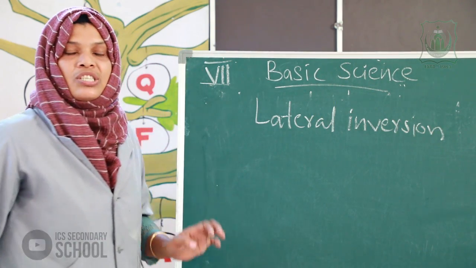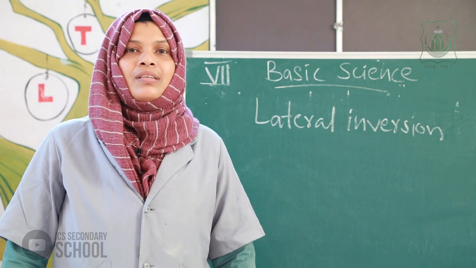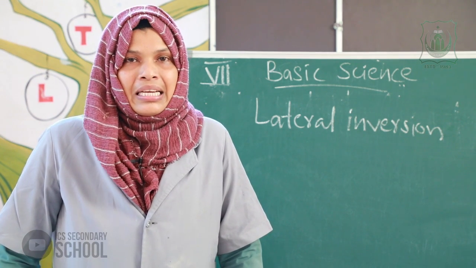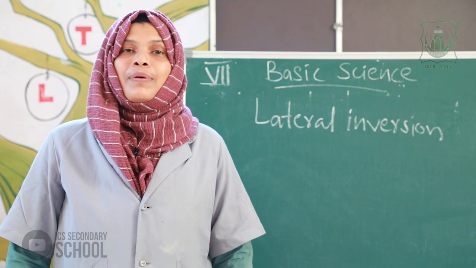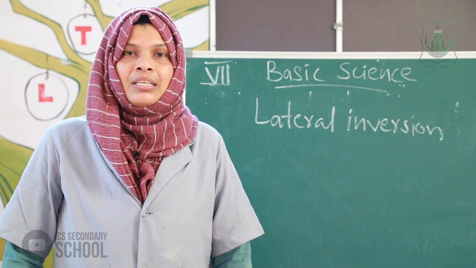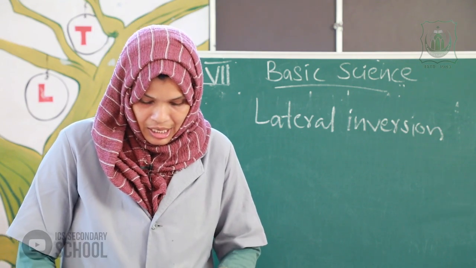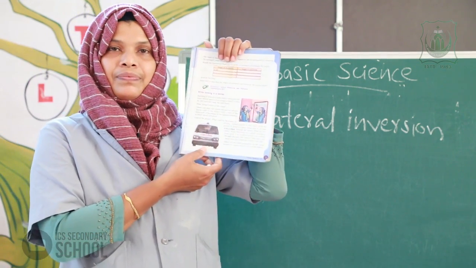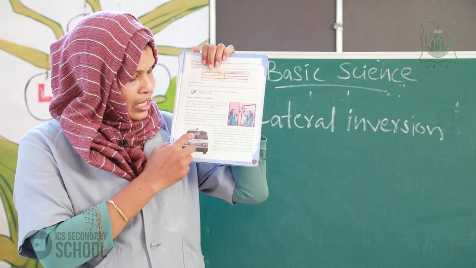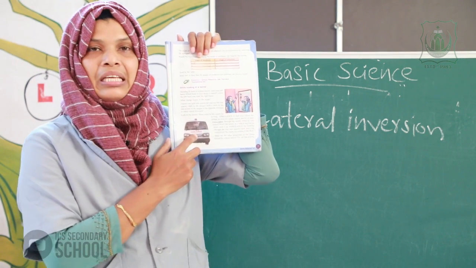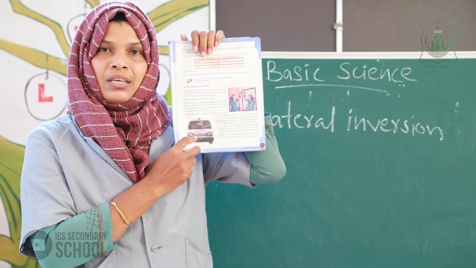What is meant by lateral inversion? Shift of lateral sides of the image in the opposite direction is called lateral inversion. Observe the figure. What is the peculiarity of writing these letters? Can you read it?